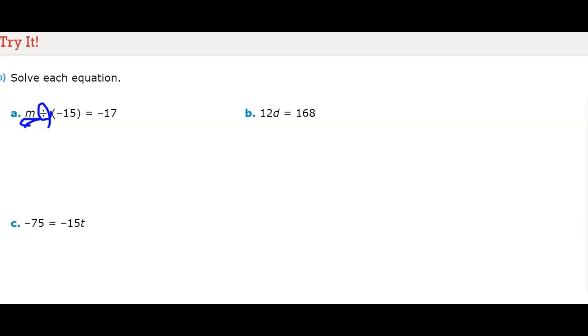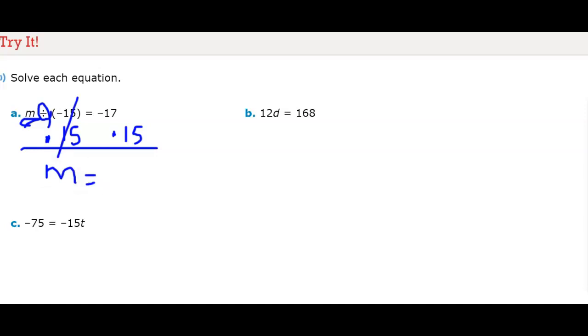Instead of putting an x, I'm going to use m, because you don't want to get confused with your variables. So we're going to multiply by 15 on both sides of the equation. The negative 15 and positive 15 cancel each other out, and you have m left on that side of the equal sign.